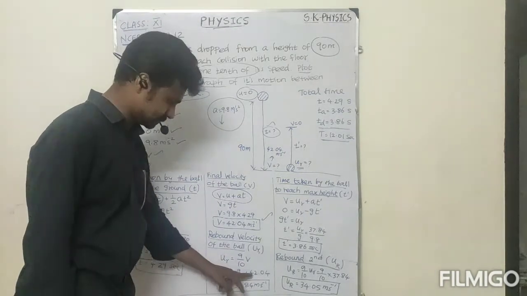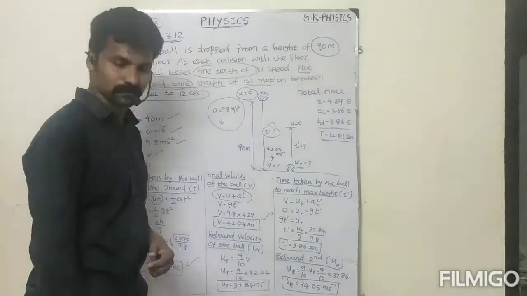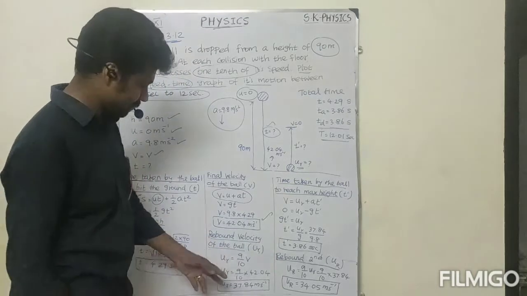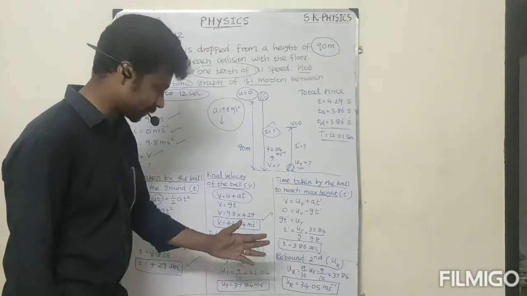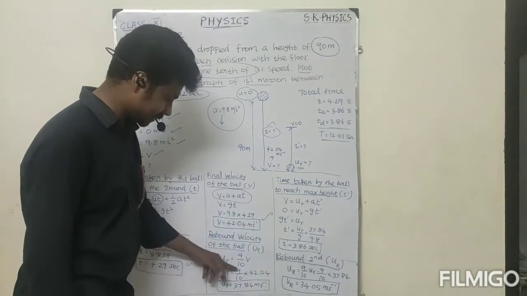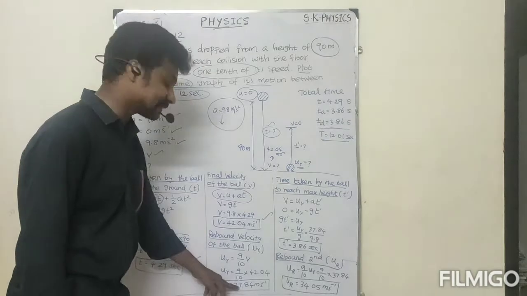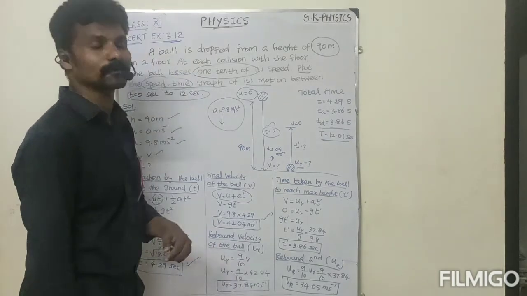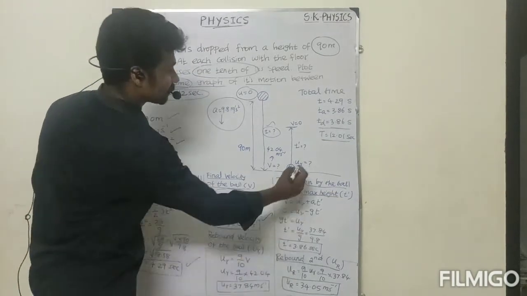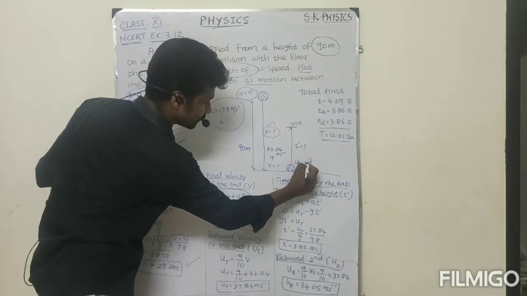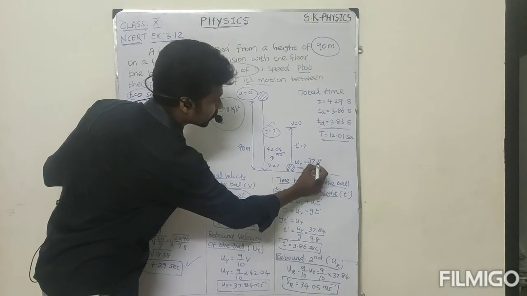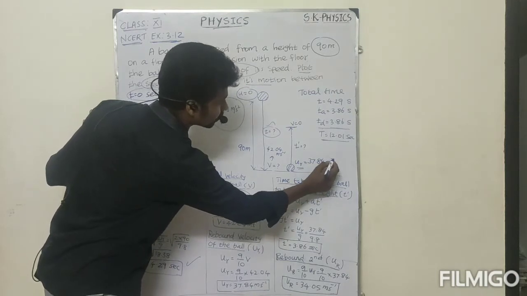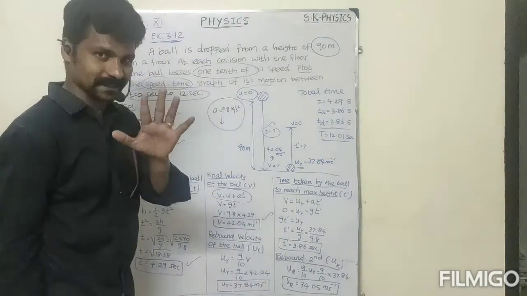So 9 by 10 into 42.04. 42.04 divided by 10 is 4.204, then into 9, that is 37.84 meter per second. So the velocity is 37.84 meter per second. Understand?